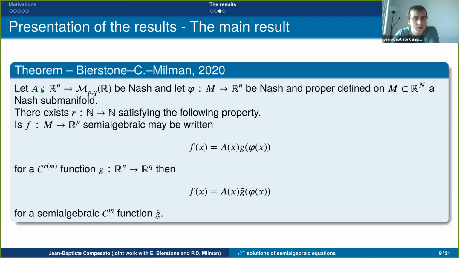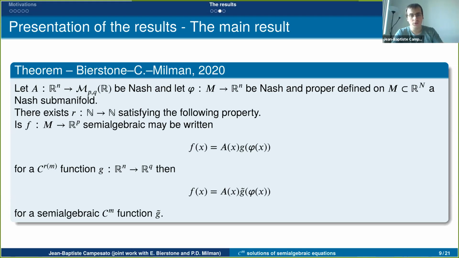A is the Nash matrix from the assumptions. Phi is this proper Nash mapping, and G is the unknown. And the result is that if this equation admits a C^R(m) solution G, then it admits a solution which is C^m, but also semi-algebraic. So that's the common generalization. And if we prove this theorem, then we will get the two previous theorems as corollaries. So I will spend the remaining part of the talk talking about the proof of this theorem.